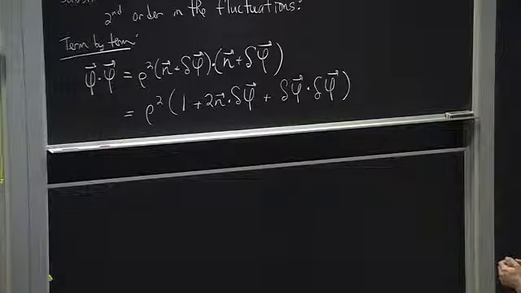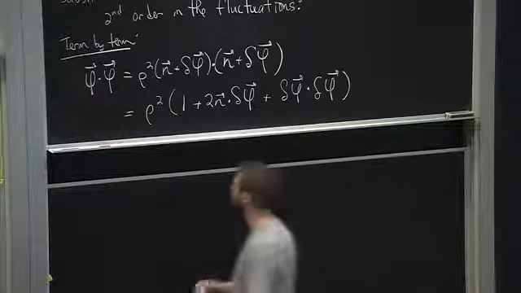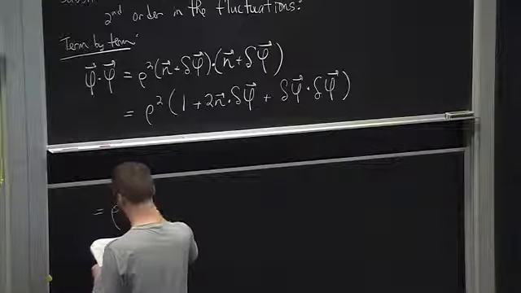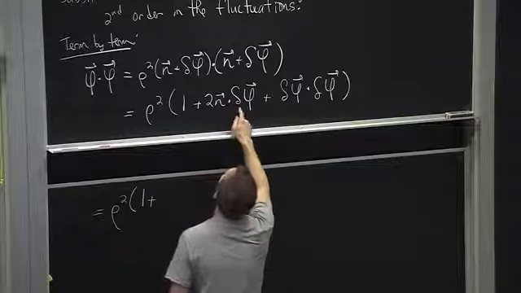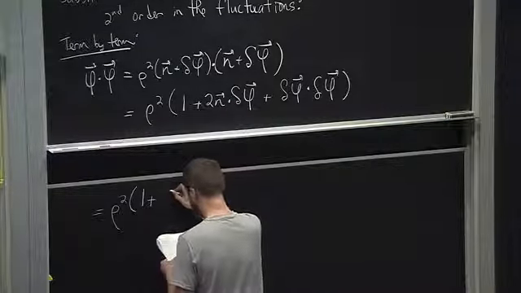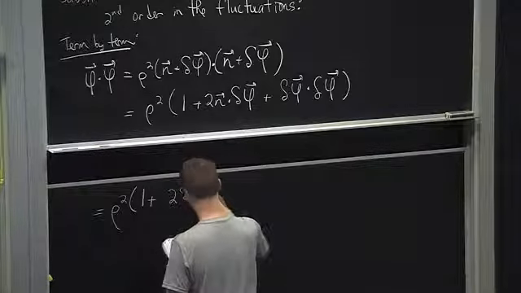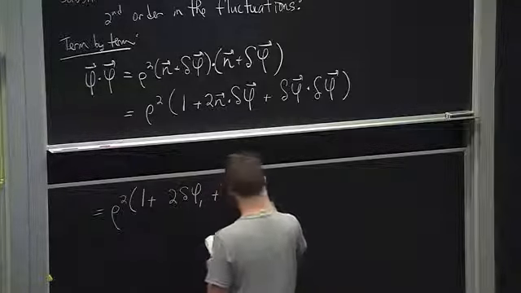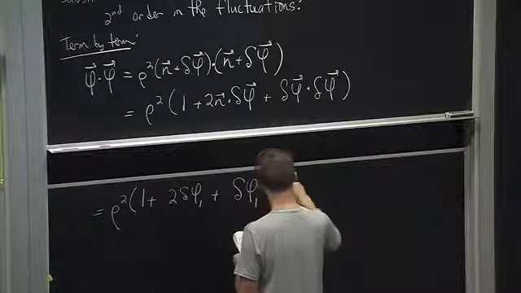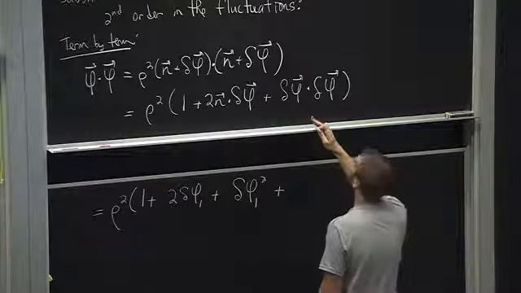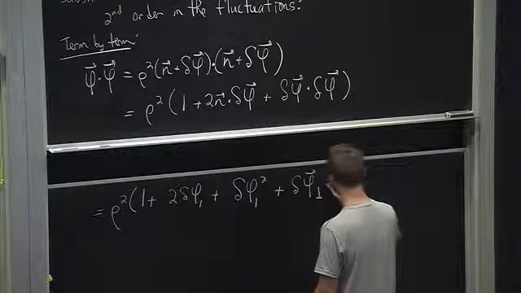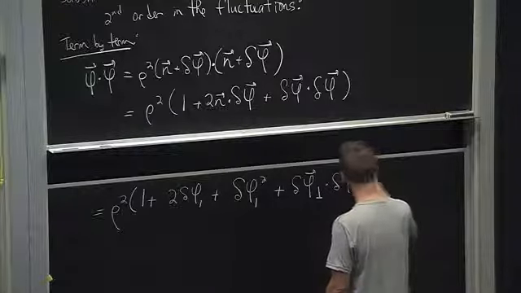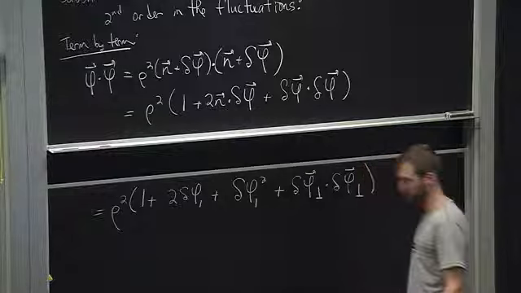So let's further break this up into parallel and transverse. All right, so then I'll have 2 parallel plus the fluctuation. And then I should have the transverse dot product. Good.